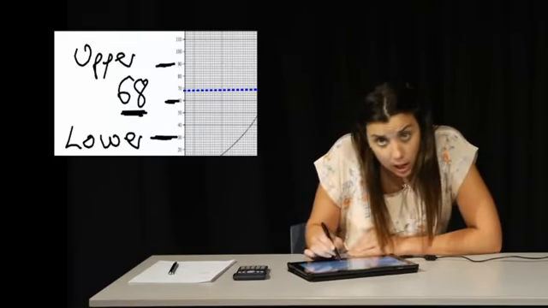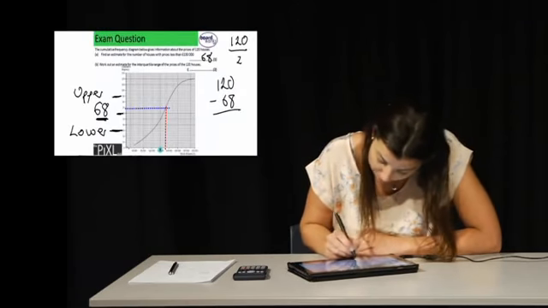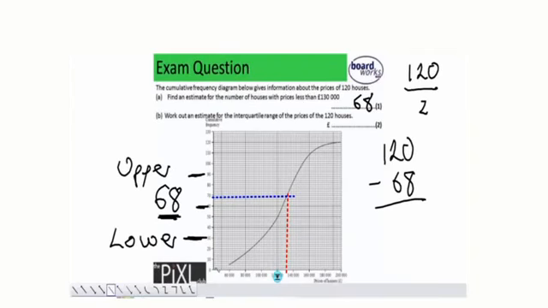So once again, at 30, a line across and down. At 90, a line across and down, which should look like this. So your two lines across, do them really clearly with a ruler, and your two lines coming down. Extend them if you wish to.